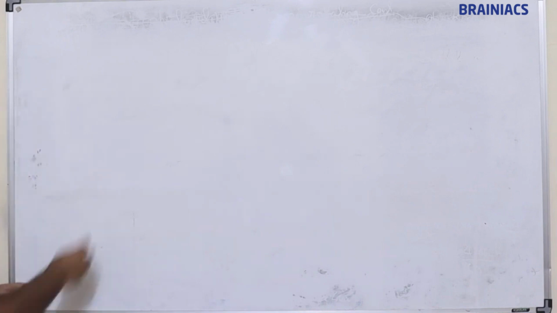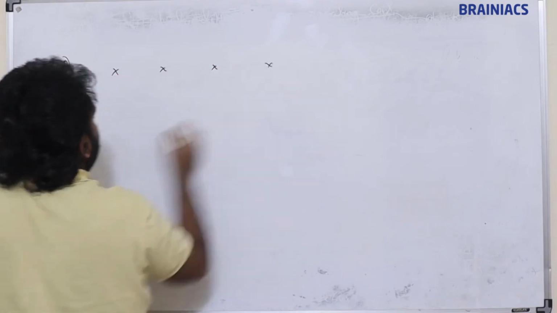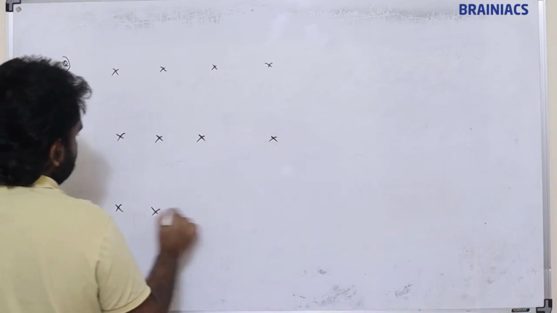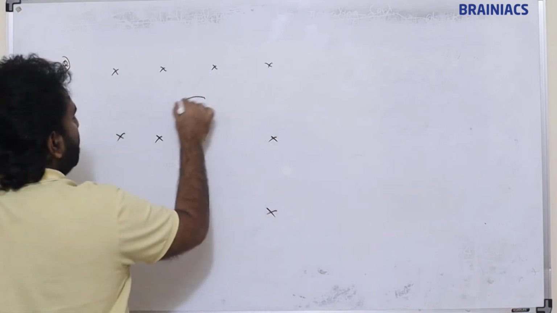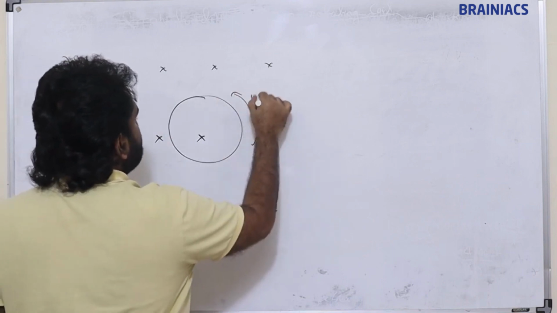Suppose if I get a question like this, this is the magnetic field, and the coil is like this, and this coil is rotating like this.